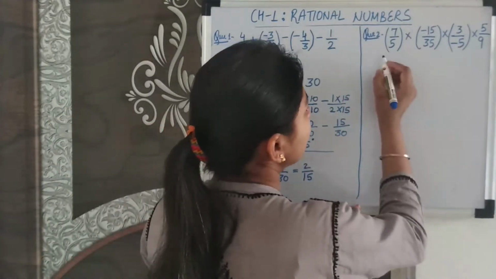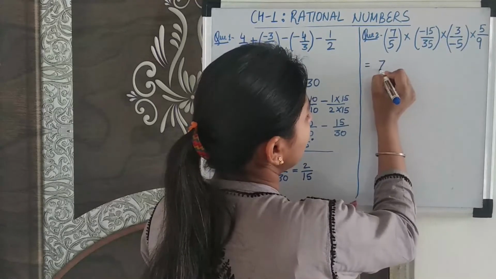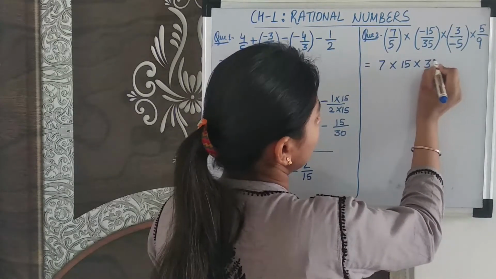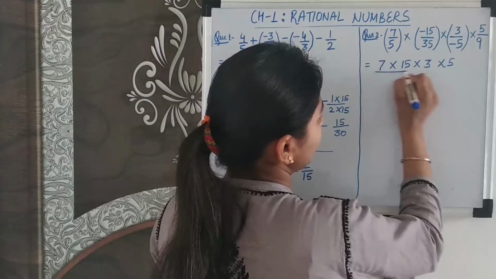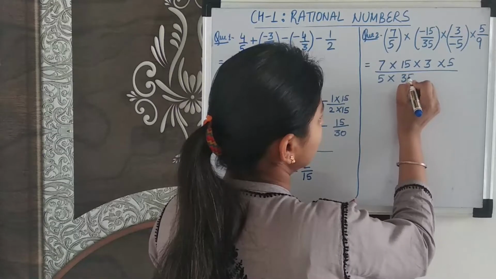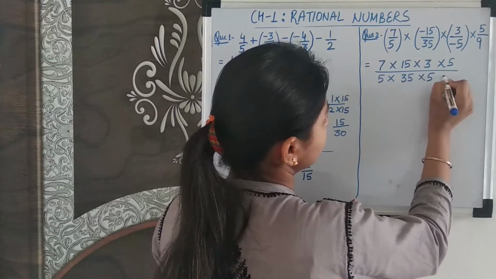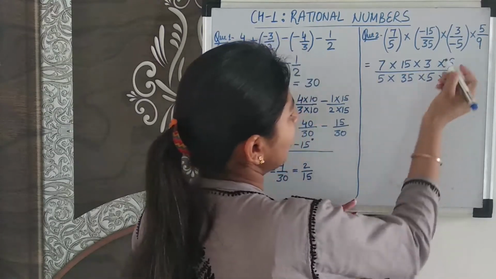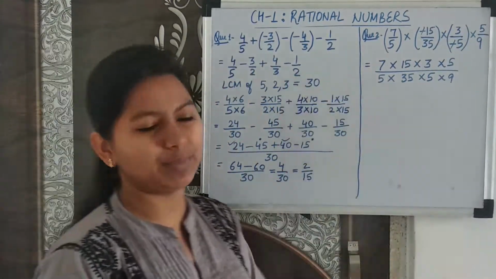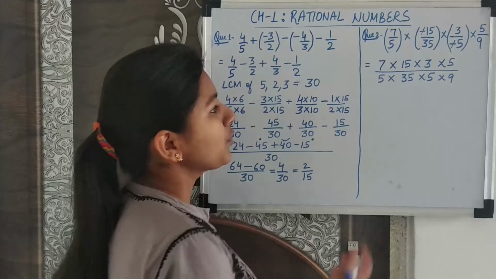So here, first I will write all the numerators together at the top by multiplying, similarly all the denominators together by multiplying. Two negative signs are there, so they simply cancel with each other.